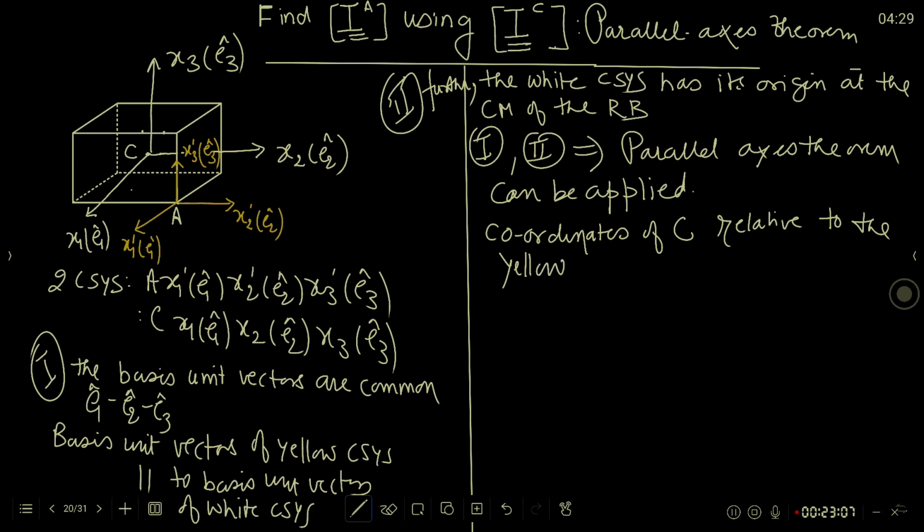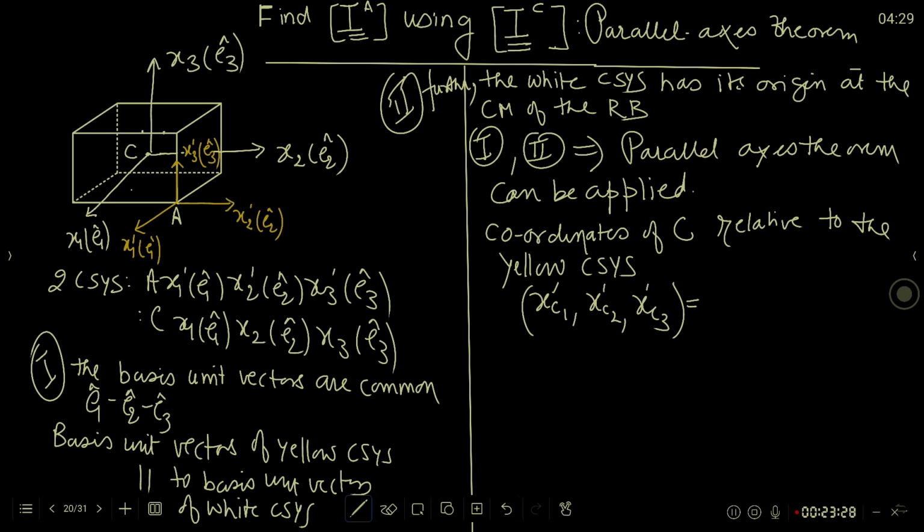I call that XC1', XC2' and XC3'. So if you use the yellow coordinate system as your working coordinate system, what are the coordinates of point C?